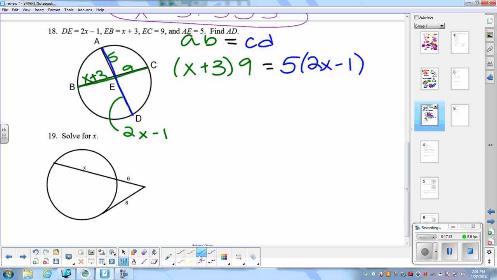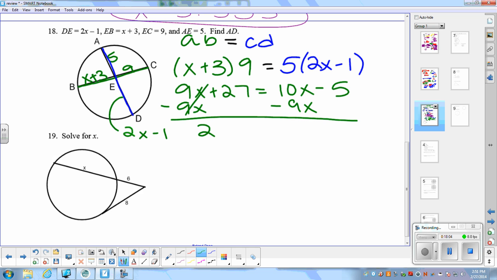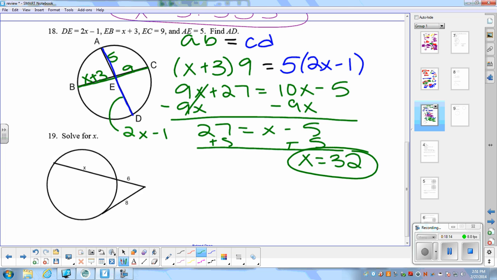So we have some distributing and then combining terms. So I get 9x plus 27 equals 10x minus 5. Subtract the 9x both sides, I get 27 equals x minus 5. Add 5 to both sides. I get that x equals 32.